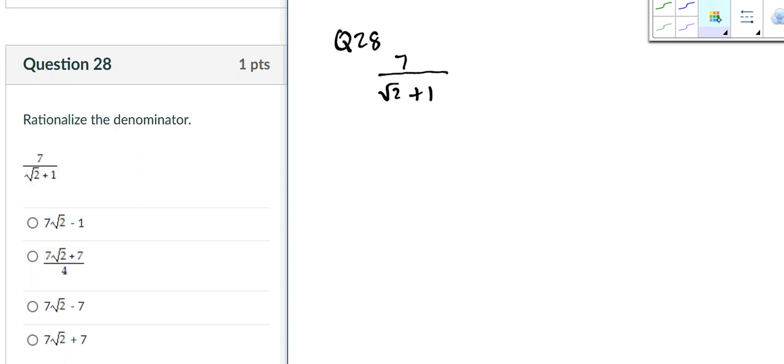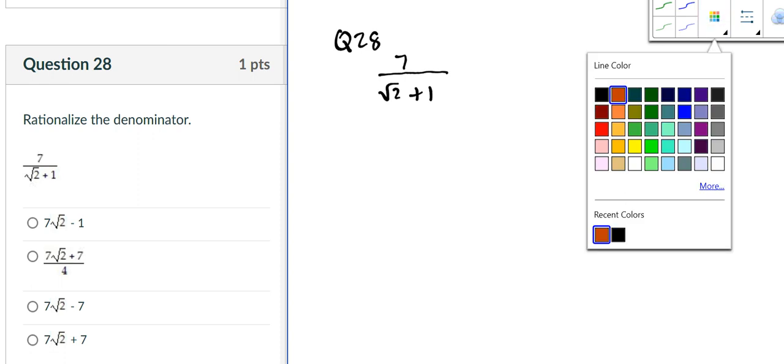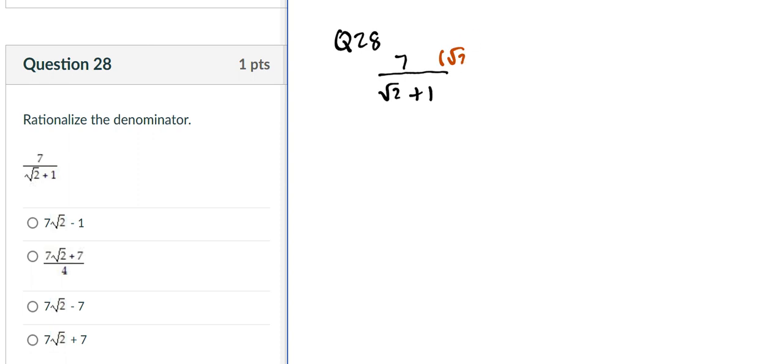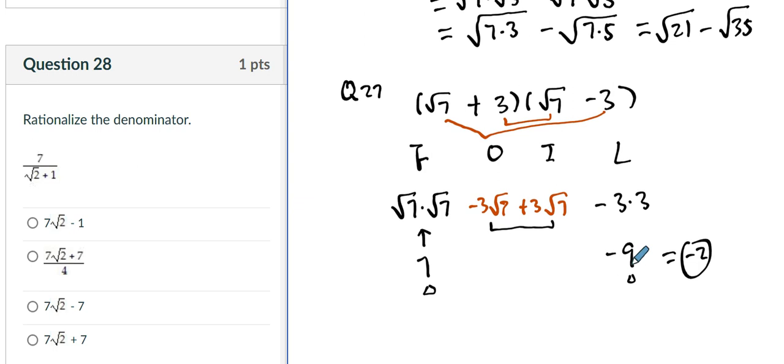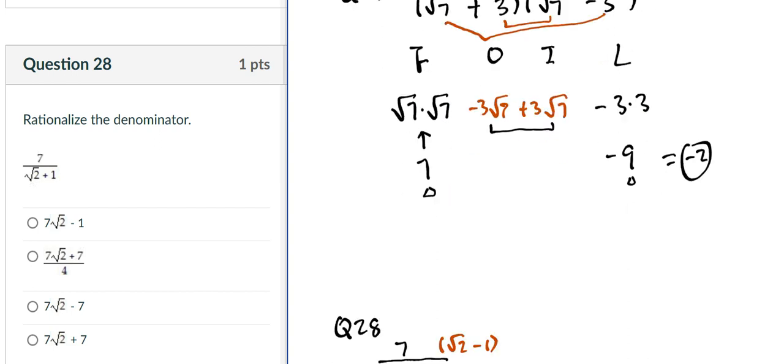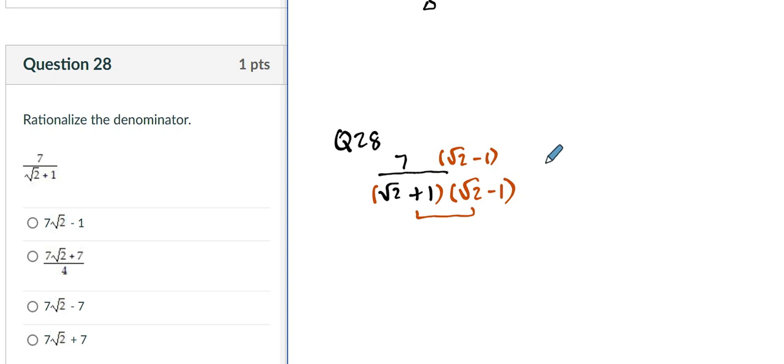Then if both numerator and denominator are multiplied by radical 2 minus 1, the denominator is going to be an integer, like what we did right here. You see 7 minus 9. And outer product, inner product, all the time will be cancelled. So radical 2 times radical 2 is 2.